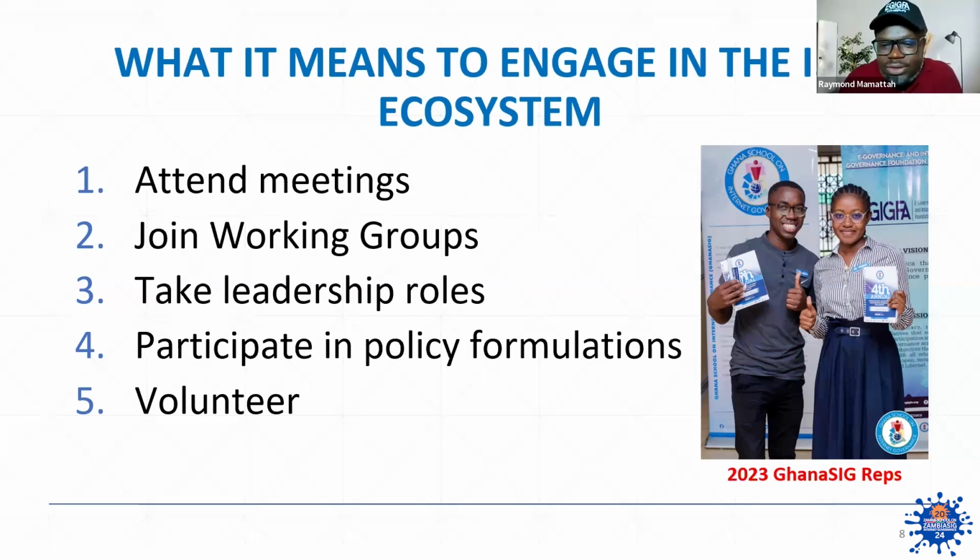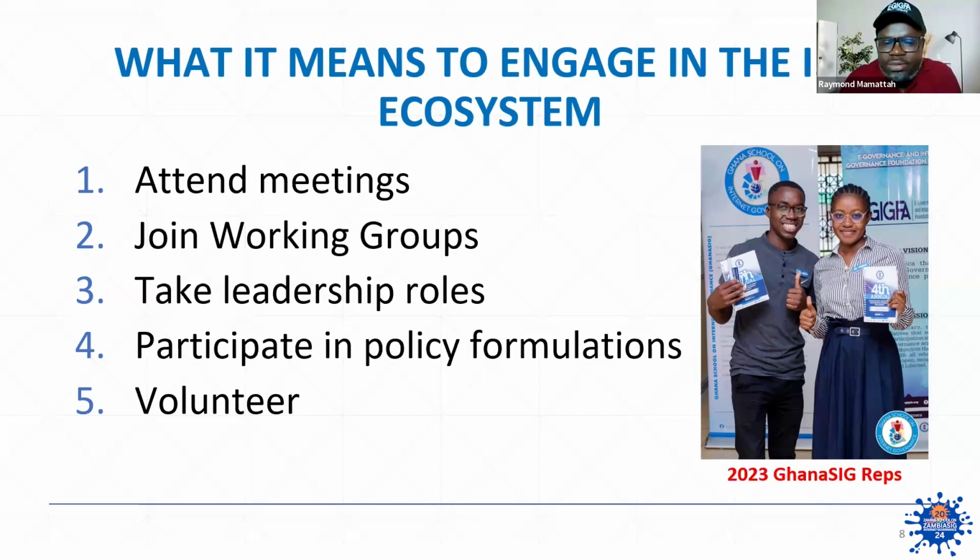So if you say engagement, the first thing we mean is attend meetings. You attend the meetings of the various constituencies that you have chosen to engage with. If you have decided to engage with ICANN, you have to be able to attend various meetings of ICANN. If you chose to deal with iStock, you have to attend their meetings and also join the working groups.